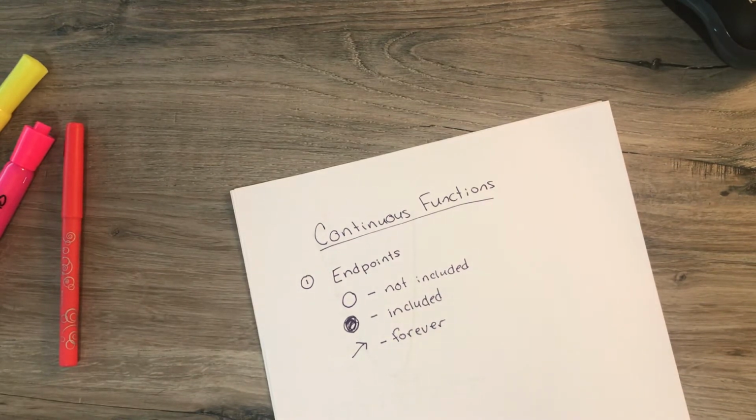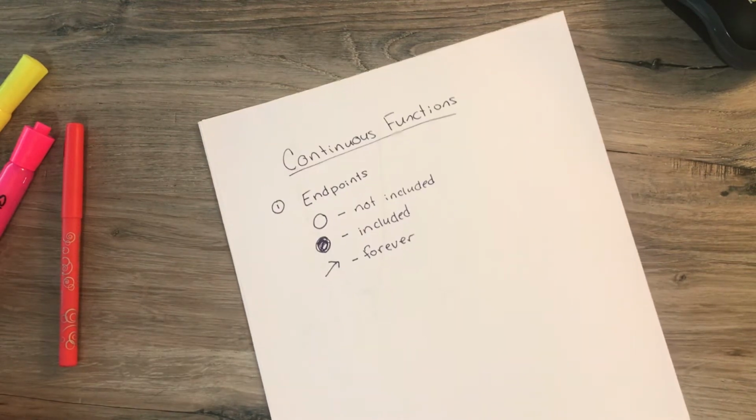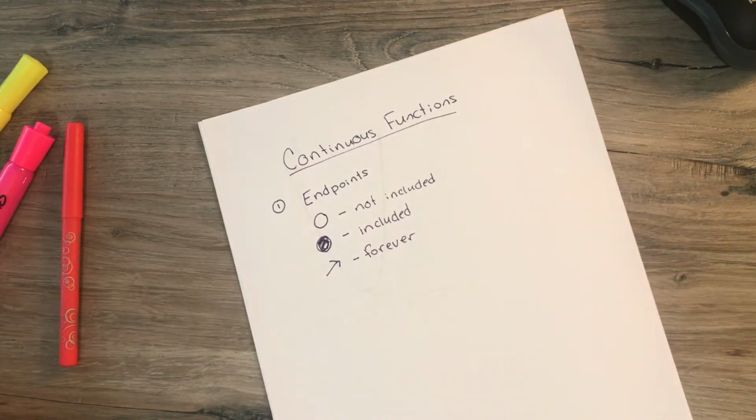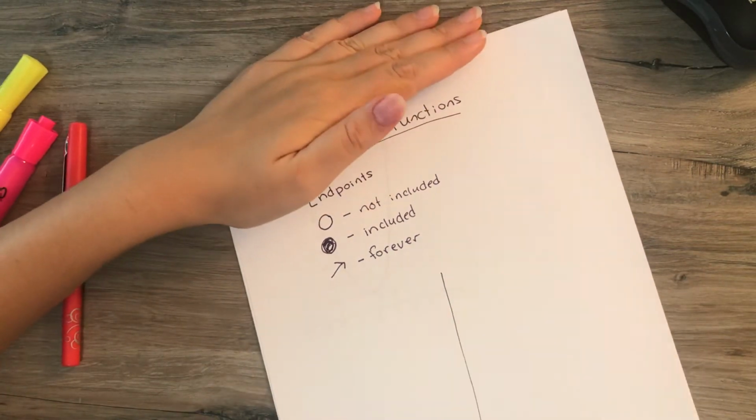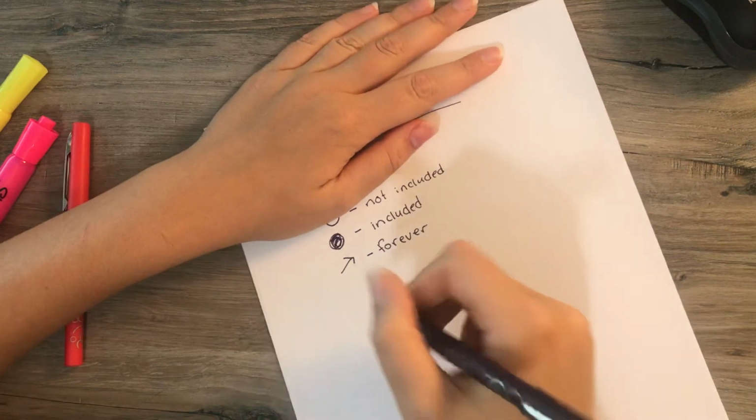Okay. So every time we deal with domain and range on a continuous graph, we have to pay attention to what our endpoints are. These endpoints also help us decide what type of inequality symbols we are going to use.